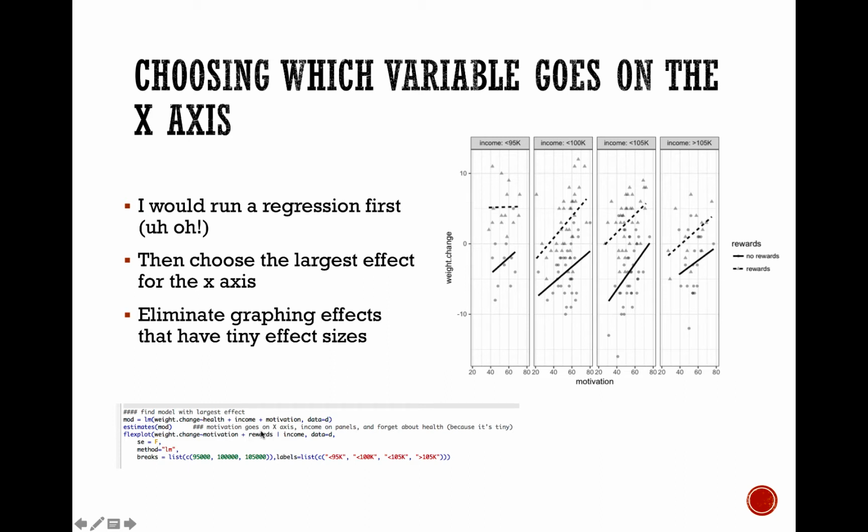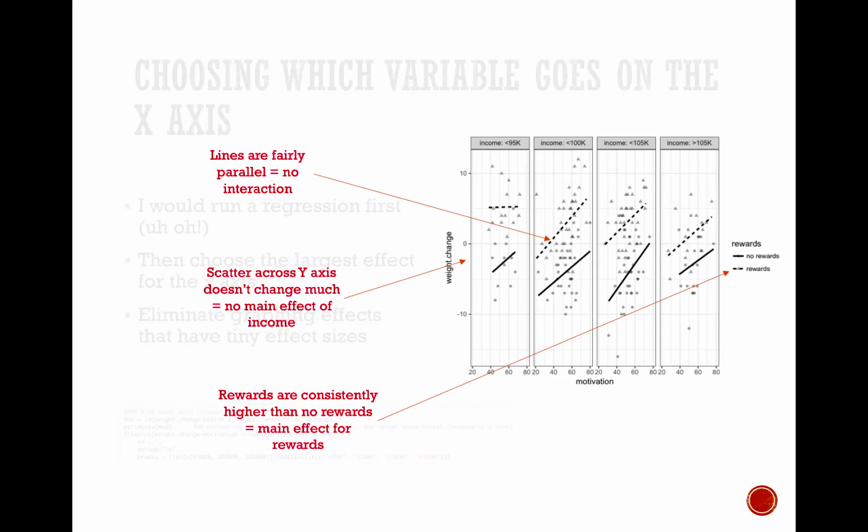Actually, no, that has a different reason. I put rewards here because it's categorical. And by the way, anything to the left of the pipe is either going to go on the x-axis or it's going to be put into categories like this as separate lines or separate symbols. So hopefully that makes sense about which one goes on the x-axis. So let me interpret this.